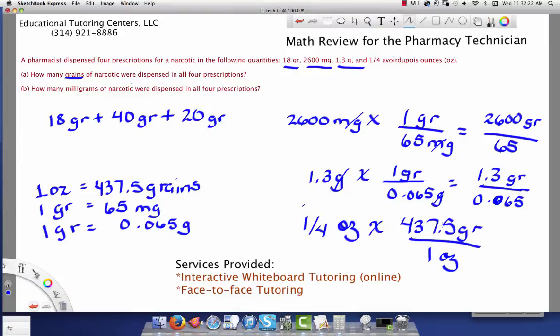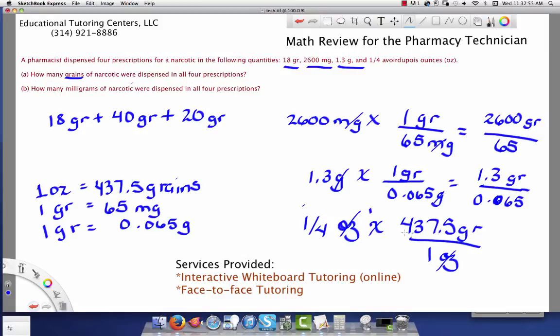It doesn't matter. You're not to look for the 1 to always be in the numerator. You take the conversion, or its inverse, so that you can cancel your units from numerator to denominator. Otherwise, if the ounces on this particular problem were in the numerator, I would end up with ounces times ounces, which is ounces squared, and then I would have grams in the denominator, and we wouldn't have solved for grains, which is what we need to be solving for.